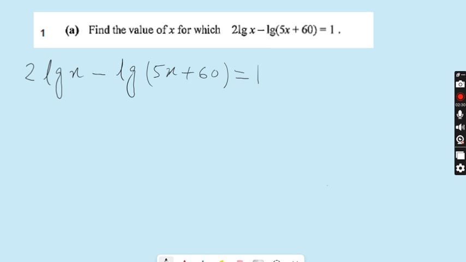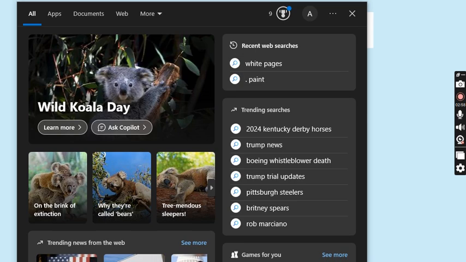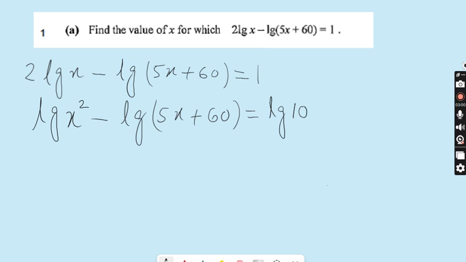So apply the laws of logarithm. This 2 becomes the power of x, so it is log x squared minus log (5x plus 60) is equal to 1. If you write log 10 instead of 1, it is the same. Why?